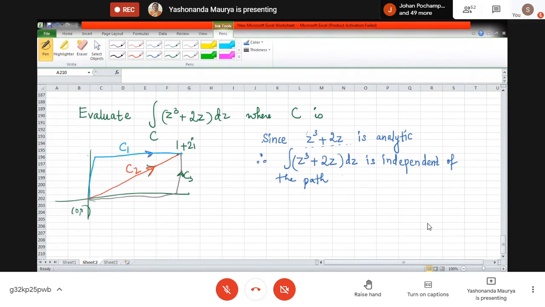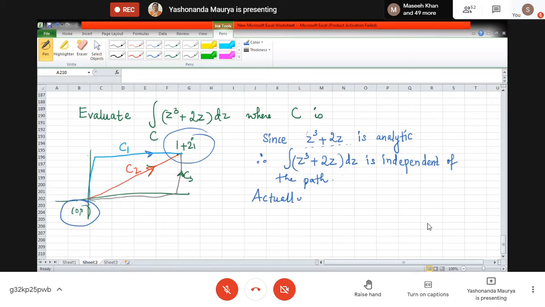It depends only on the initial and the final value. It depends only on the points that are being considered over here. Is this much clear? It is independent of the path.